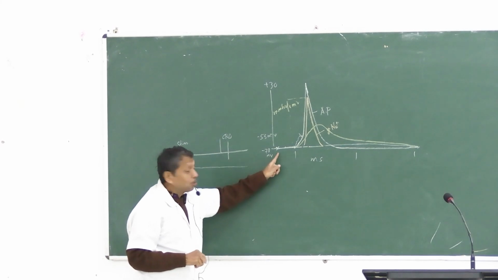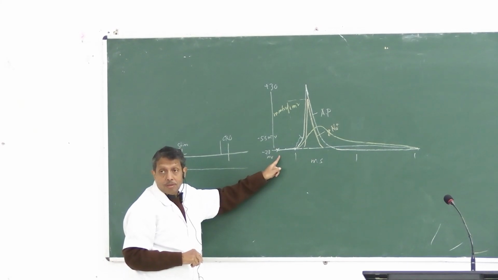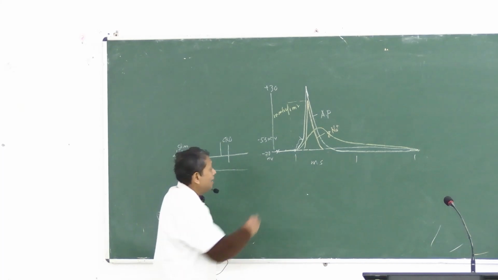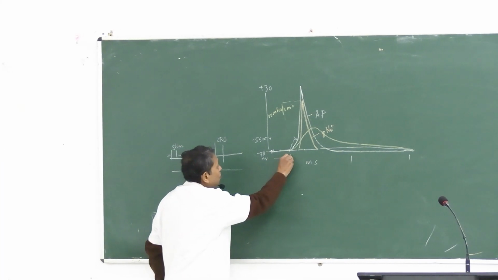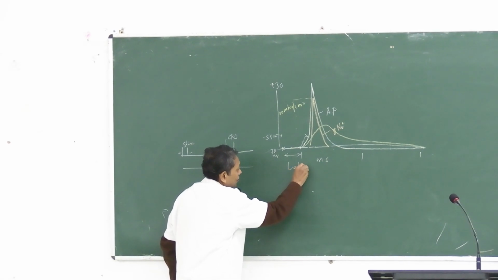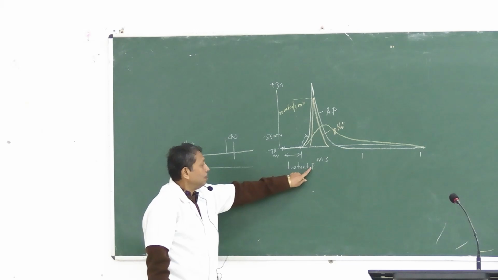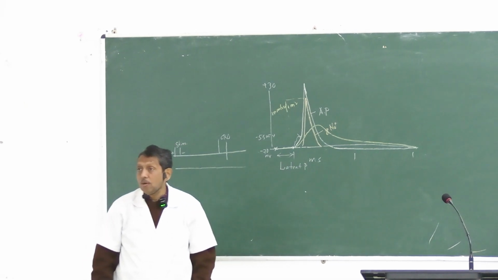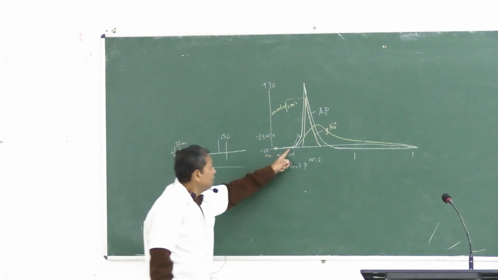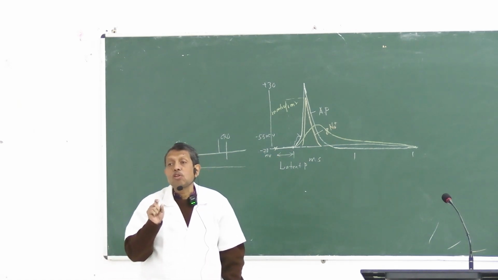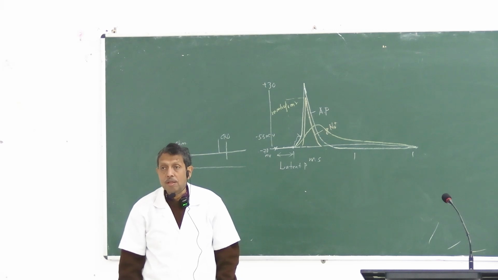So it is the point of stimulus, and it is the beginning of the action potential. And so this part is the latent period. From the latent period and this distance, you can find out the conduction velocity of the action potential.